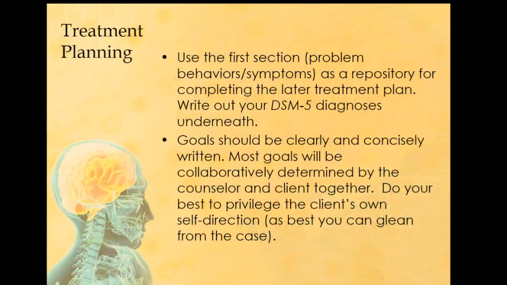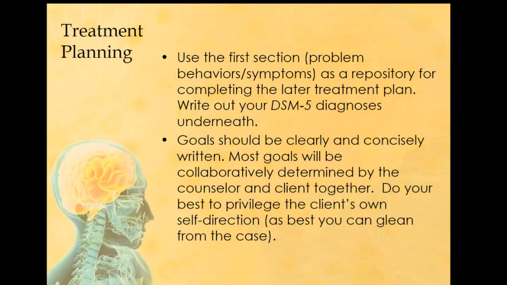The sections. In the first section, you're going to use this as a repository for writing up problem behaviors and symptoms. This is basically where you will derive your goals for the treatment plan. And then you're also going to write the DSM diagnosis underneath that. I want you to think about this as just an opportunity to think through what it is that's going on with our clients that we should be addressing.